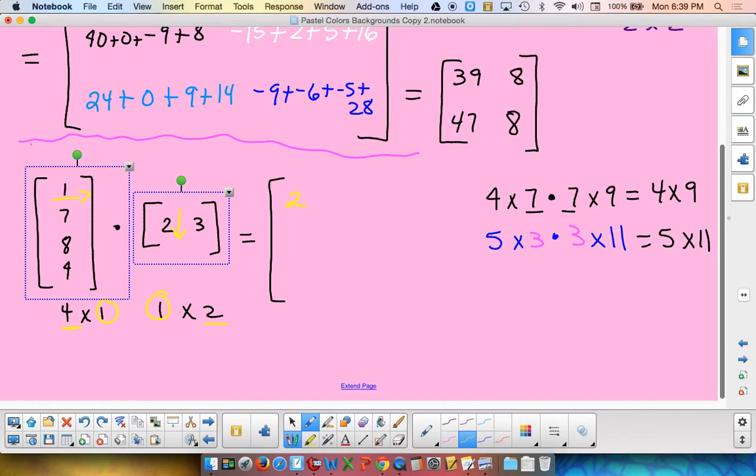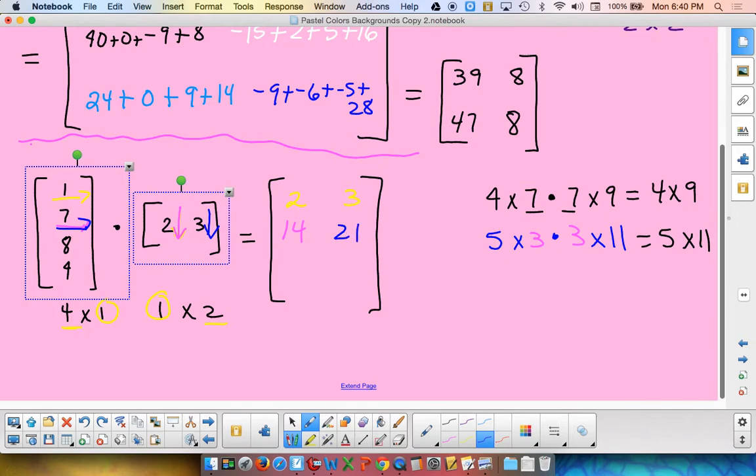Take the top row times the second column, I get a 3. Boy, this is going to be very difficult. Okay, next one. Second row times first column. 7 times 2 is 14. And then if I do next one, 7 times second column, 7 times 3 gives me 21.